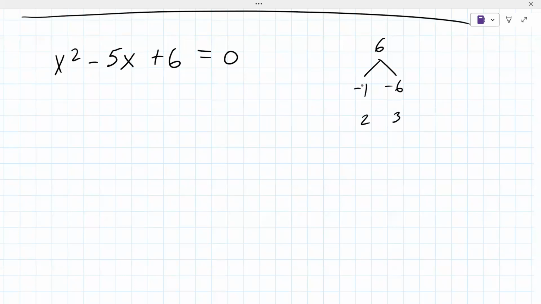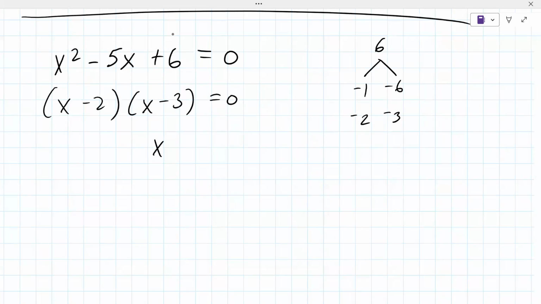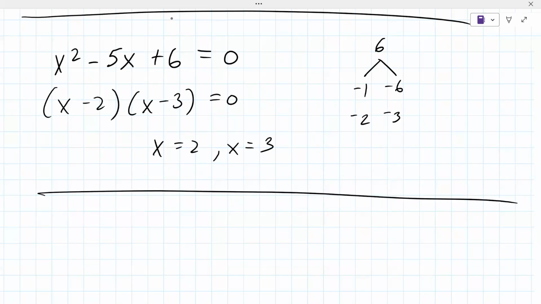Okay, but we want it to be -5. So they'd both be negative. Yes. And then x equals +2 and x equals +3. Very good.